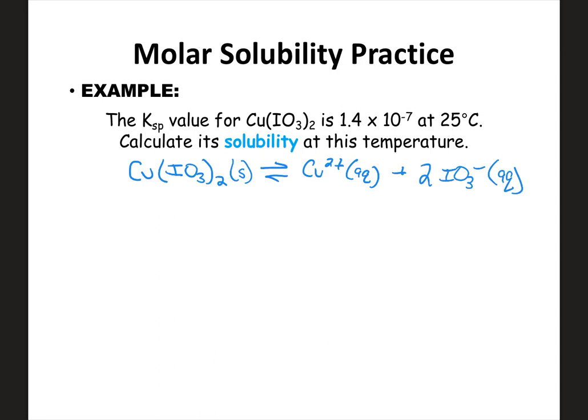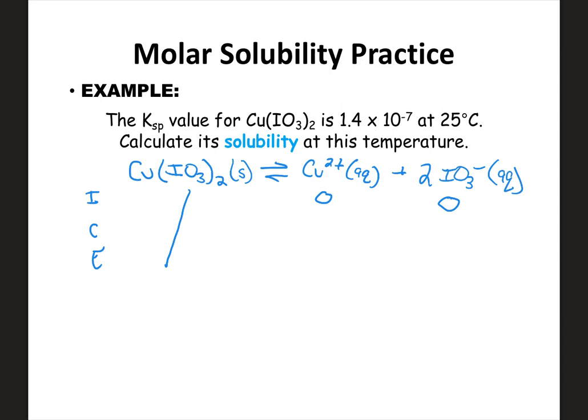So we can set up our ice table for this particular reaction. Just remember here that for the solid compound, it does not participate in the equilibrium ice table. Remember, solids do not participate in our equilibrium constant. So we only need to worry about the aqueous products here. So initially, we know that each of these are not present, so they're both 0 initially. Since they're not present initially, they're going to be forming.